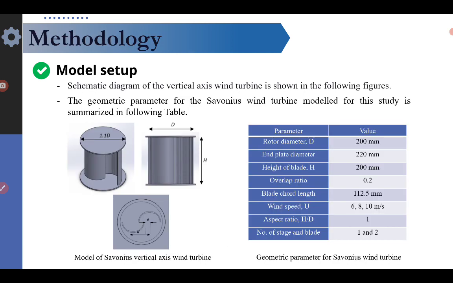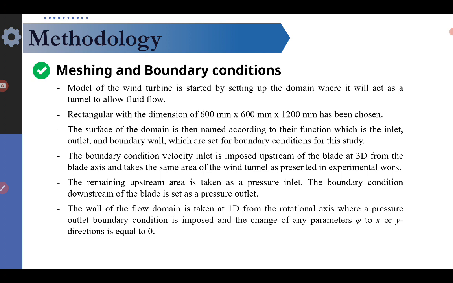This is the model that we set up for this simulation: the figure shows the geometry of the Savonius wind turbine, and the table shows the geometric parameters used for this simulation.